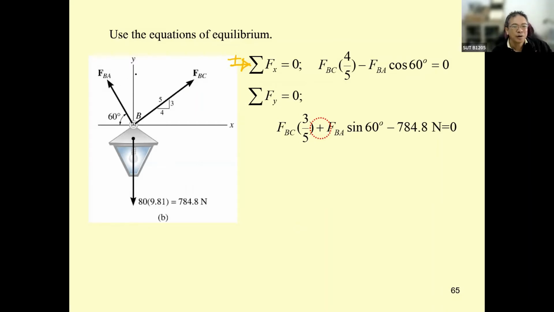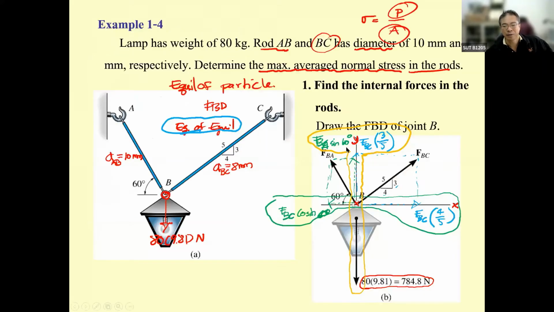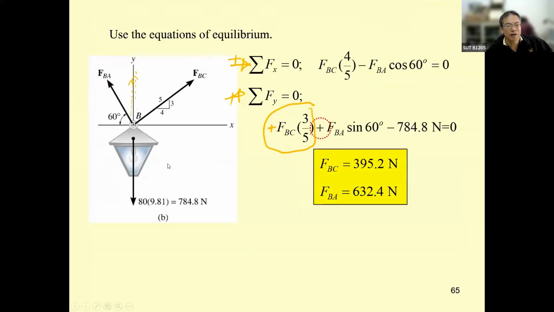Now, if you put this one as the positive, this one F sub BC times 3/5, and this one upward, F sub BA sine 60 degree, two of them upward. So these two combine together, and then you get the downward force of 784.8 which is going to be negative.